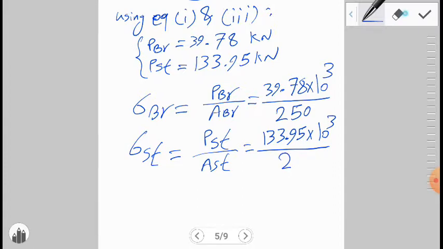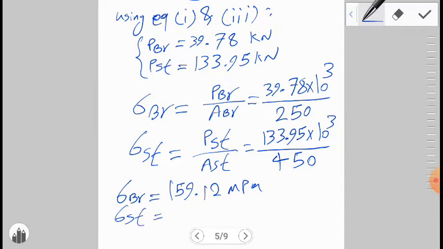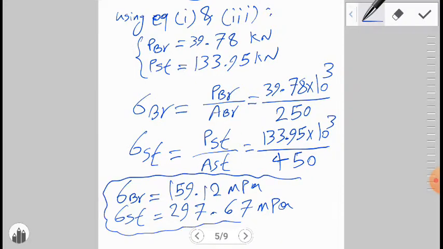A steel is 450. That's why sigma BR is equal to 159.12 MPa, and sigma steel is equal to 297.67 MPa. This is the final answer.